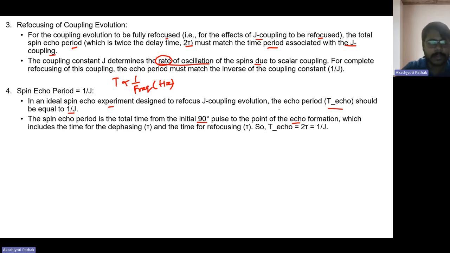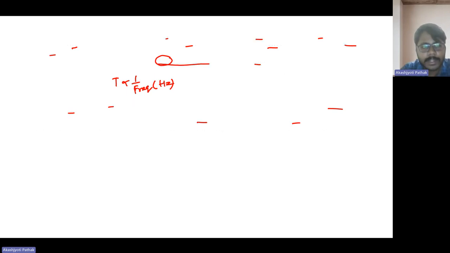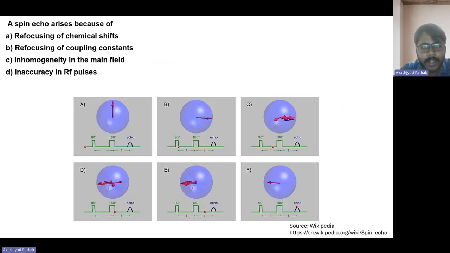If we go back to our previous diagram, we are considering this time after the end of this 90-degree pulse, starting from this point to their refocusing back again.